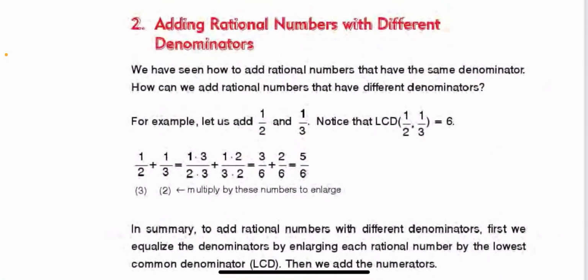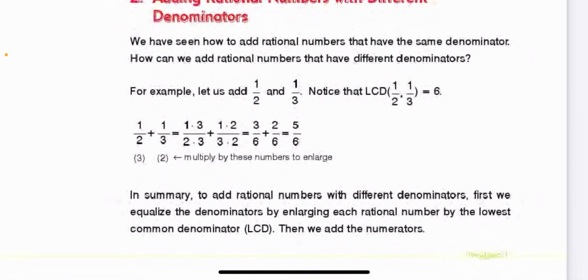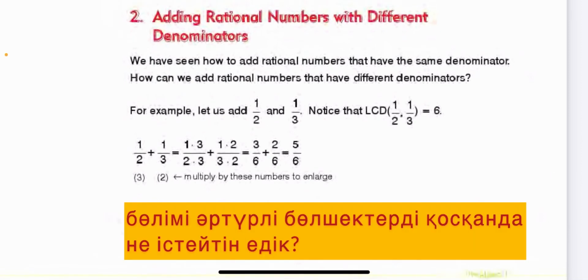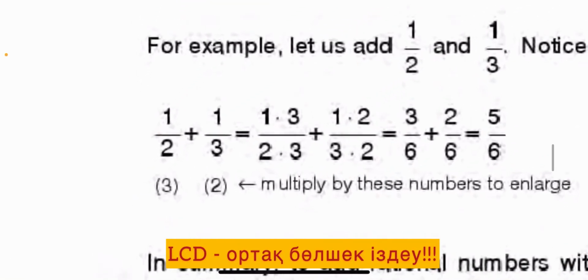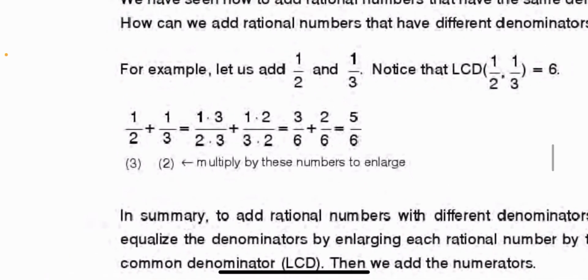Okay? Now what about if they have different denominators? We find their LCD, of course, least common denominator. The least common denominator of 1 over 2 and 1 over 3 will be 6. And now we write 3 over 6 plus 2 over 6 equals 5 over 6. So we find the common denominator of the two numbers.